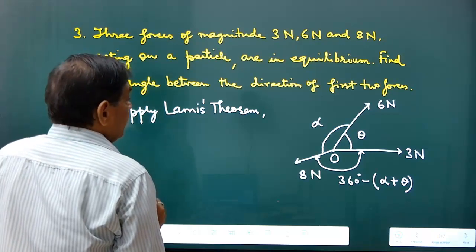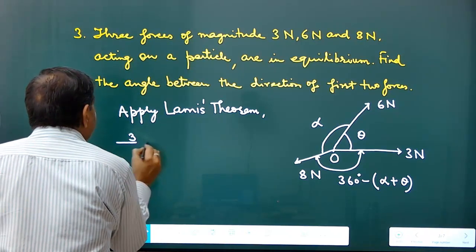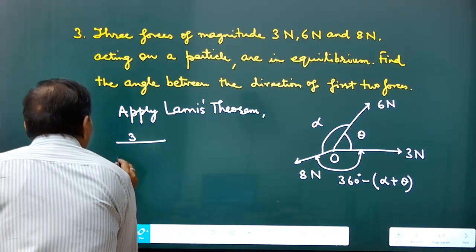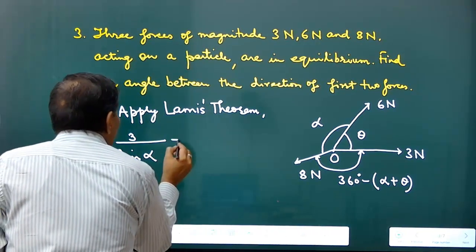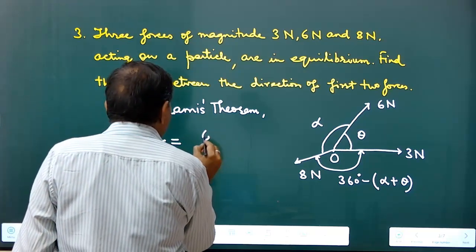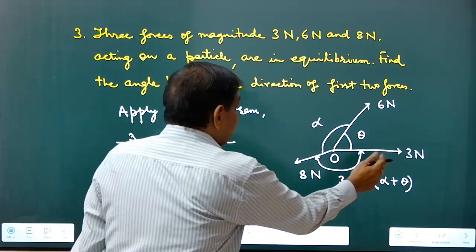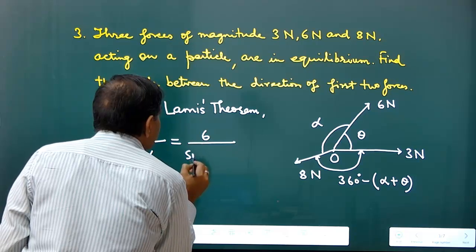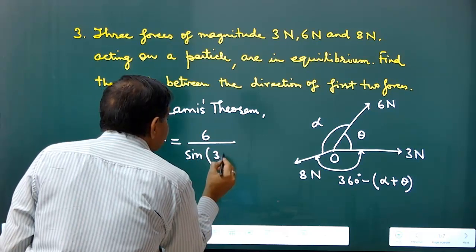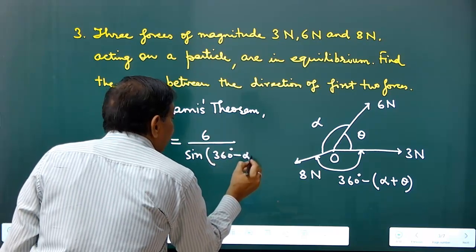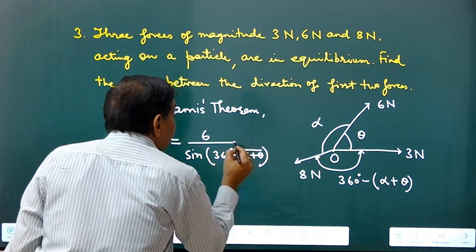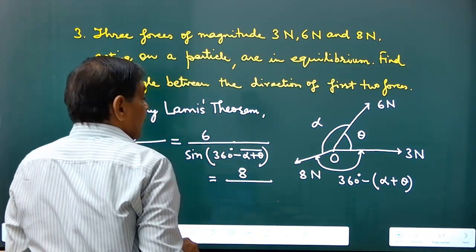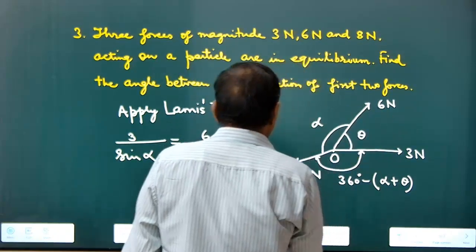At point O, 3 upon sine of the angle between 6 Newton and 8 Newton, which is sine alpha, is equal to 6 upon sine of the angle between 3 Newton and 8 Newton, so it is sine of 360 degrees minus (alpha plus theta), is equal to 8 upon sine of the angle between 3 Newton and 6 Newton, it is sine theta.